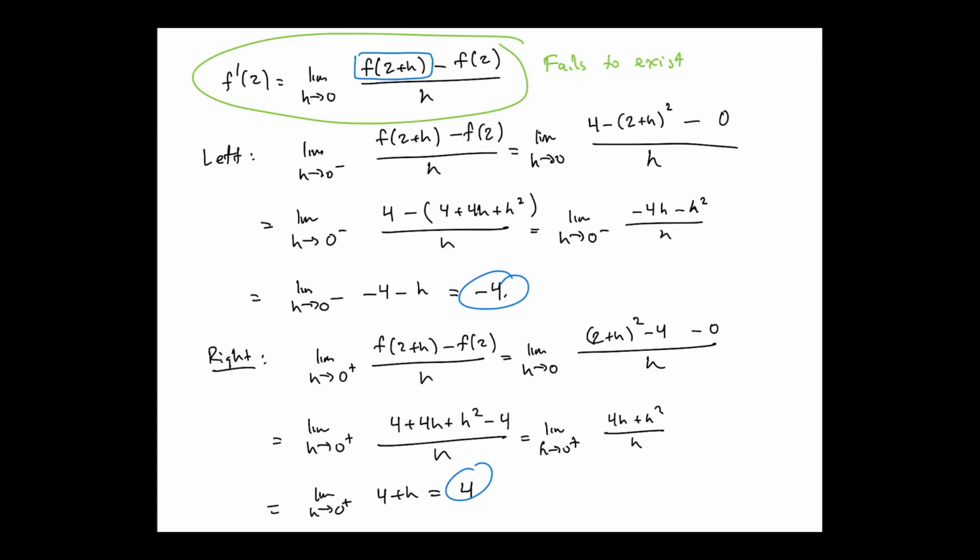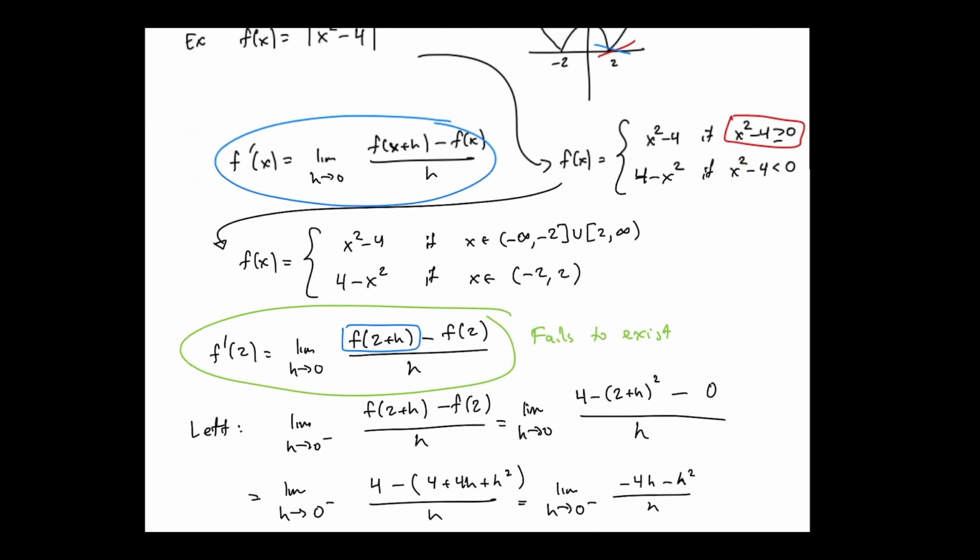Okay, and so the function's not differentiable there. Now if I had done this exact same argument at 3 instead of 2, would it have worked? Yeah, it would have. Okay, the two limits would have come out the same. And in fact, they would come out the same at every point except 2, which we just did, and also at negative 2.